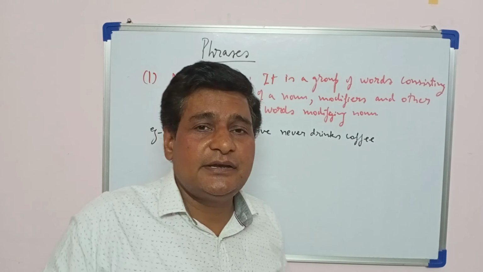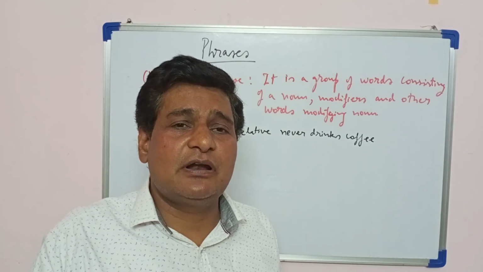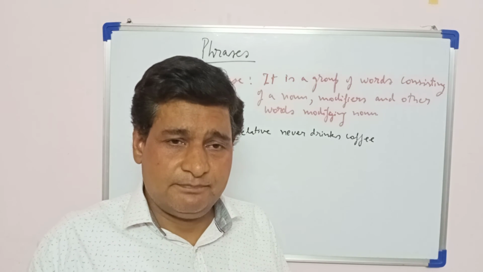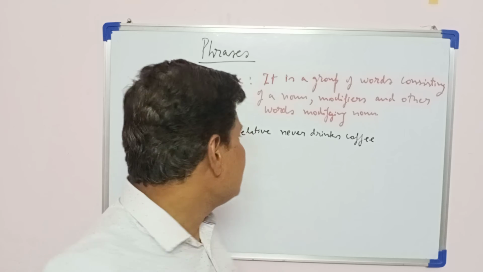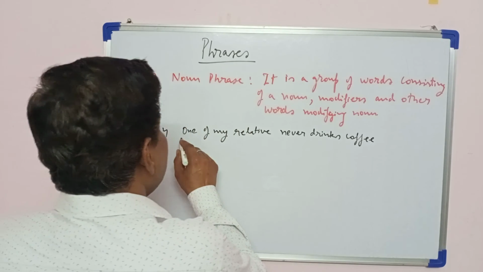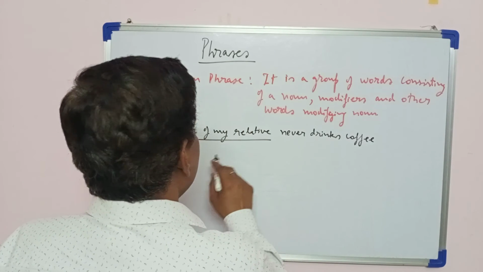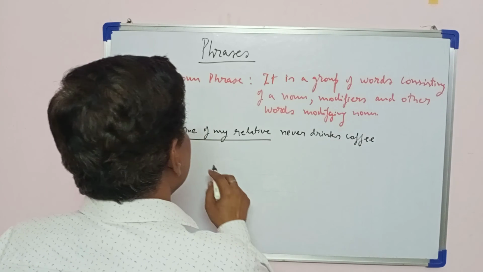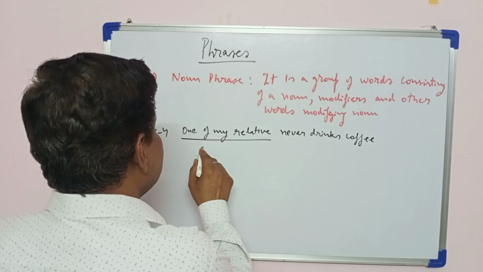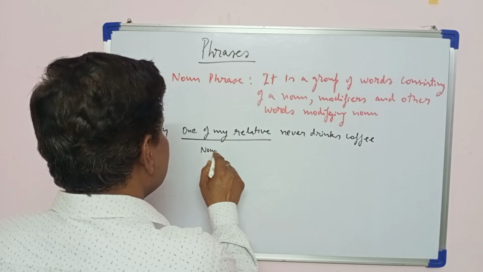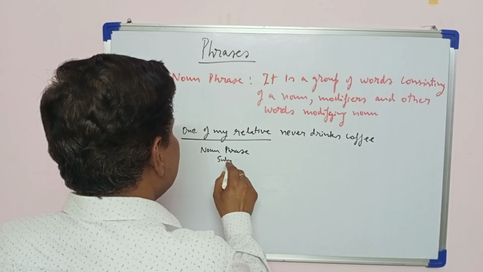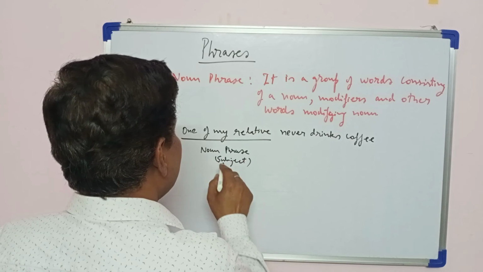One of my relatives never drinks coffee, or one of my friends never drinks tea. It can be like this. One of my relatives never drinks coffee. So one of my relatives, this is the noun phrase, and here it is working like the subject.